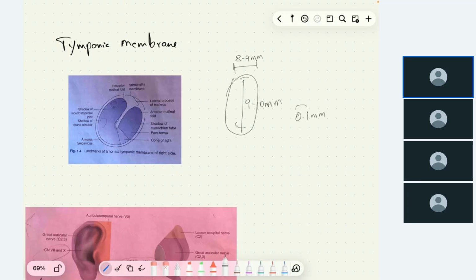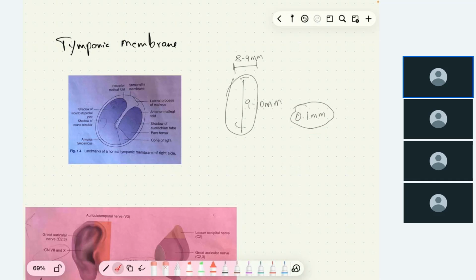Please note this because it's asked in Viva. So the tympanic membrane is 9 to 10 mm long, followed by 8 to 9 mm wideness, and then the thickness is 0.1 mm.